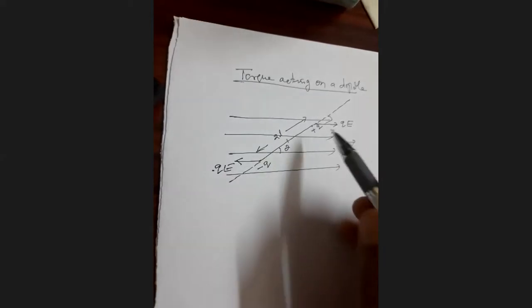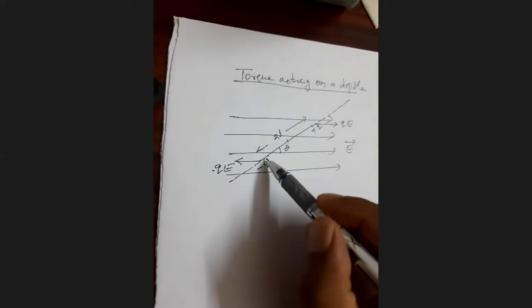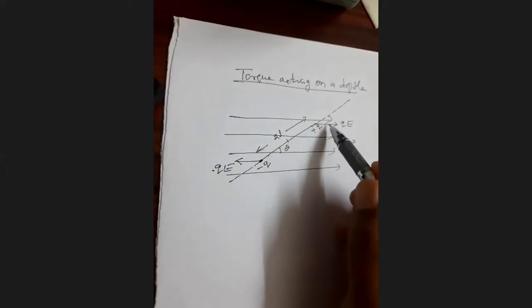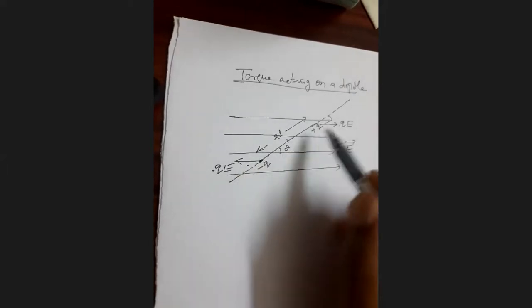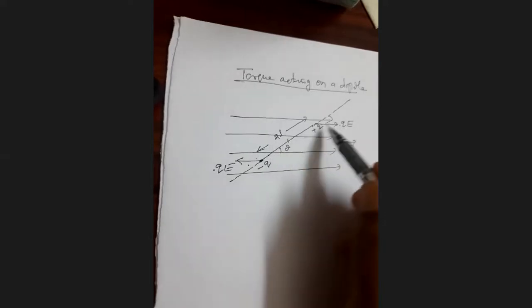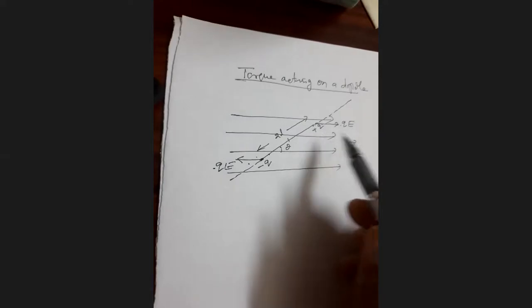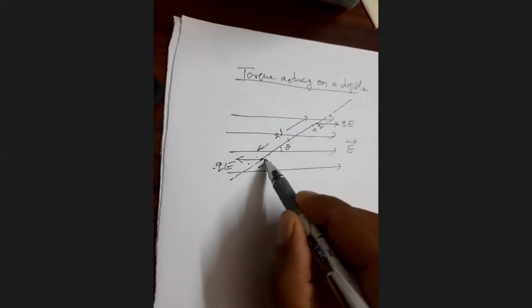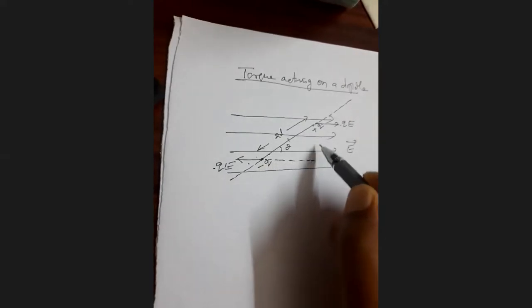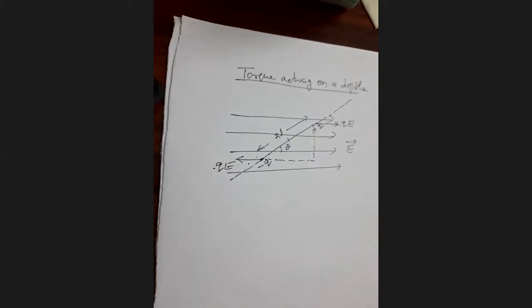So on the electric dipole, at two different points, two equal and opposite parallel forces qE are acting. Then a couple or torque acts on it, which gives rotation.